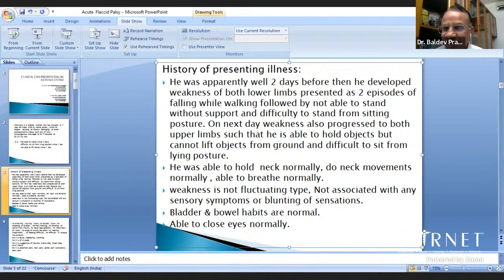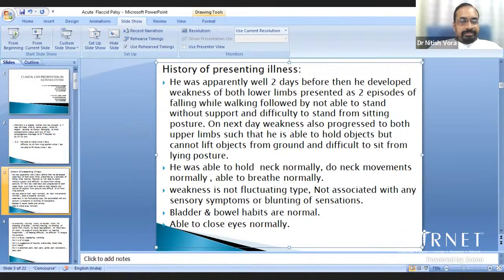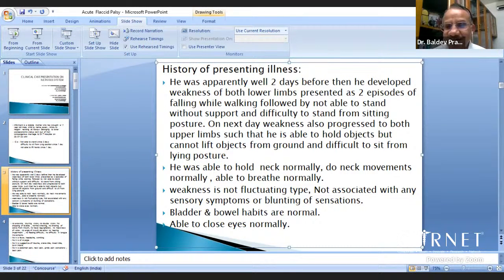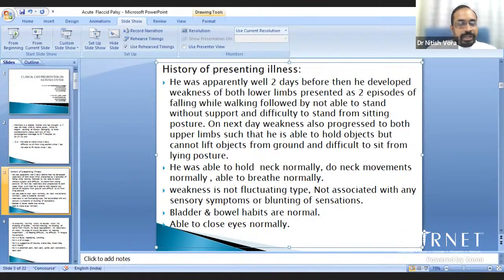Before we go further, let us take the help of the experts. Dr. Nitish and Dr. Kalpana, would you like to add something? Dr. Nitish. No, sir. Bhargav has done a very good job. I think sensation, bladder bowel has been covered.